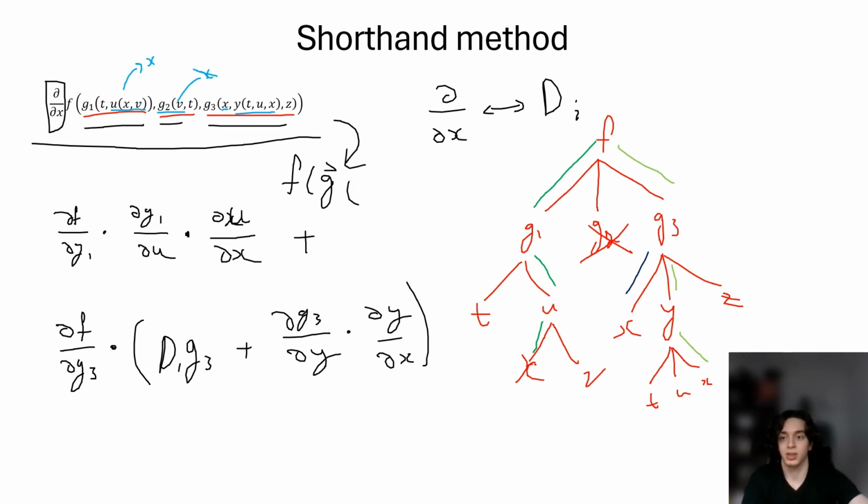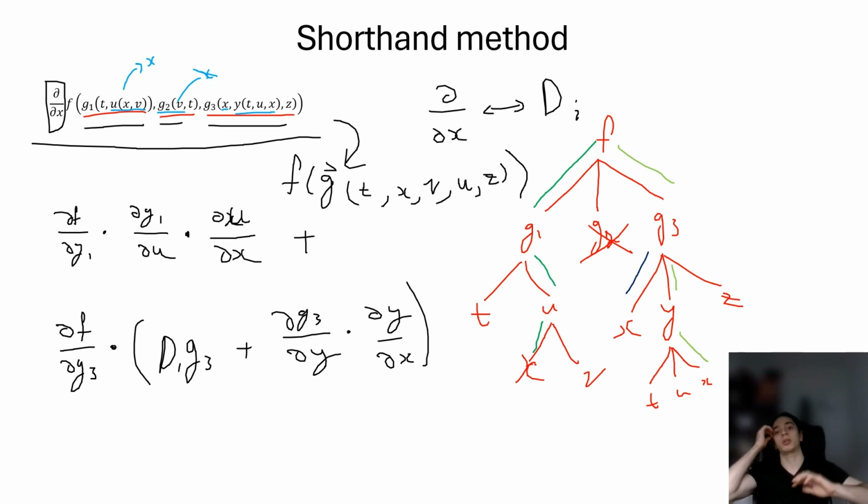So, for example, it's going to be a function of T, X, V. We have V, we have T, we have X again, we have Y, which is a function of T, U. So I'm just going through the inputs, and then Z. Then this partial makes sense. So really, please make note of all this hand wavy notation.